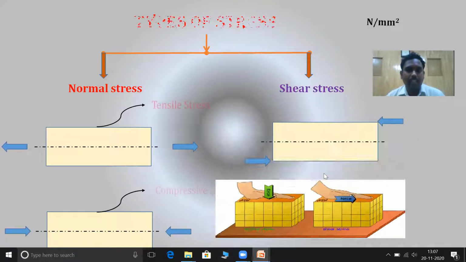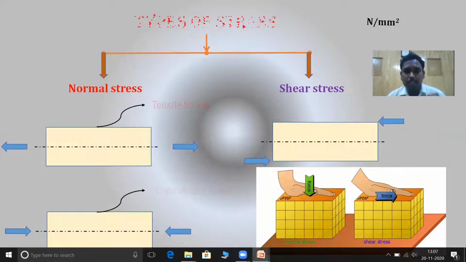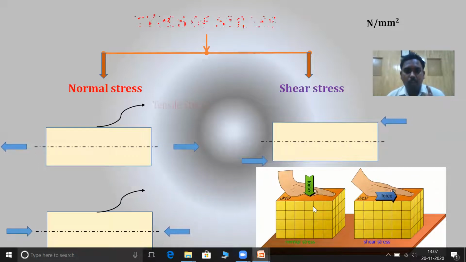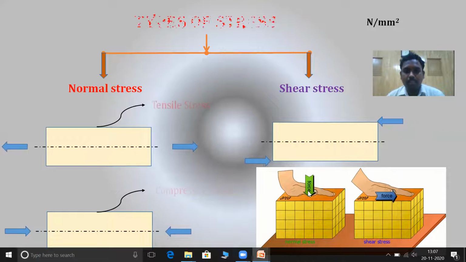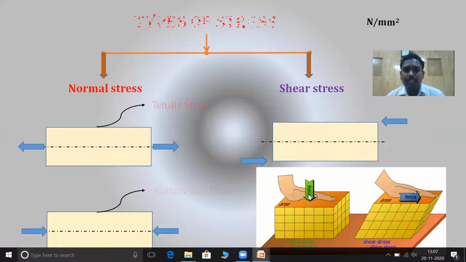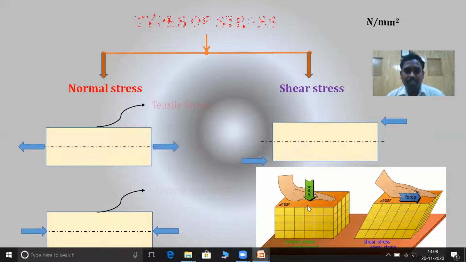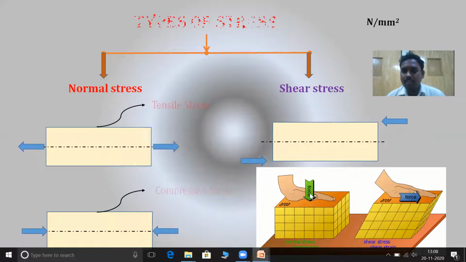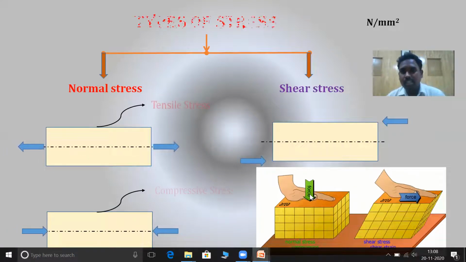Okay, students. Let me explain the same concept with the help of a simple animation. Here, in this first diagram, I am applying a load that is normal to the surface. The force represented with the green arrow is normal to the surface. So this is an example for the normal stress. Since I am applying a normal force, stress is induced.